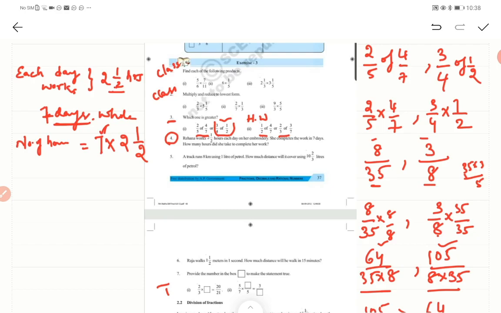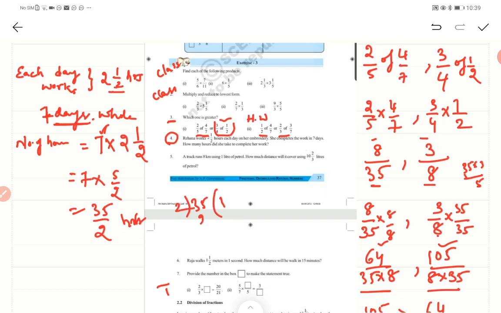If I convert it into a fraction, 2.5 is 5 by 2. Now multiply 7 5s are 35 by 2. So it took 35 by 2 hours for her to complete. Let me convert this into a mixed fraction, because it is in terms of hours.